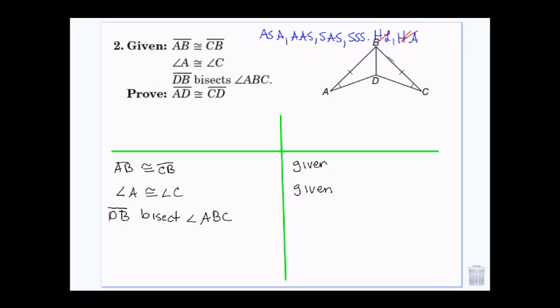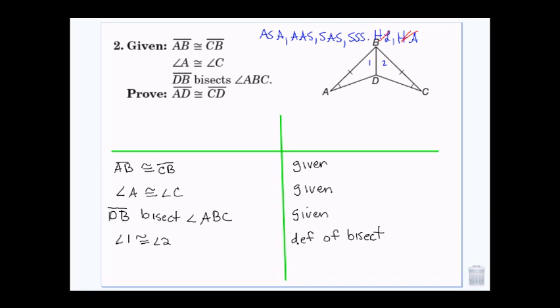That's this angle here. If I call this angle 1 and this angle 2, if this has been bisected, what do I know about angle 1 and 2? They're the same, because that's what bisecting does, right? So I can say angle 1 is the same as angle 2 because of the definition of bisect.